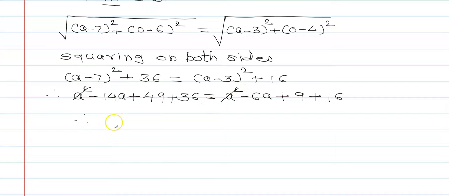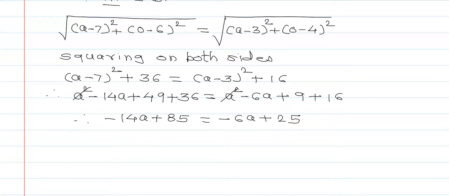Here you will get minus 14a, and here 49 plus 36, which is 85, and minus 6a plus 9 plus 16, 25.